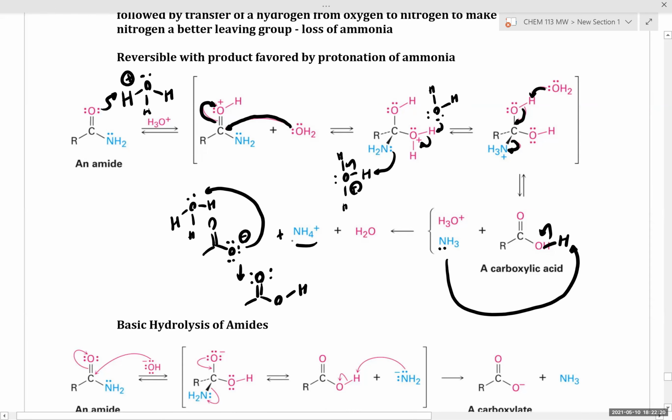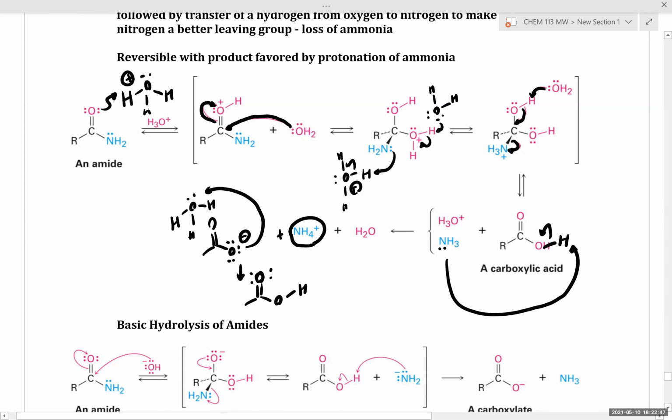However, because we protonate our amine to make the ammonium salt, is this ammonium ion remotely nucleophilic? Is there an available nucleophilic lone pair?